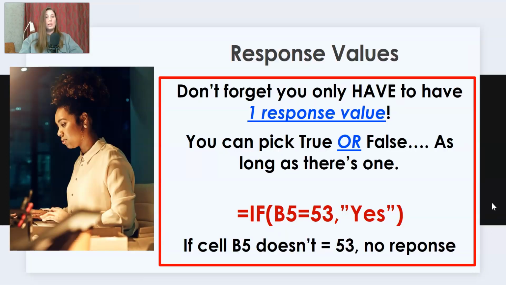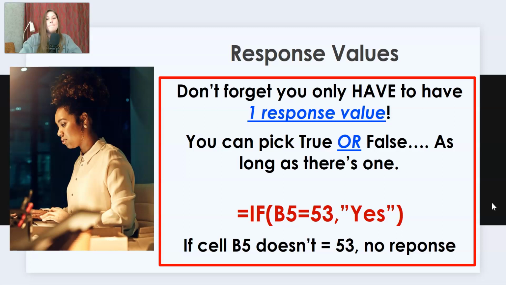All right. Just a friendly reminder, those response values, you only have to have one. So the example down there in red says equal sign IF, parentheses, B5 is 53, then yes. So if B5 is indeed 53, it will say yes. However, if B5 is like 12, then you're just not going to get the yes response.